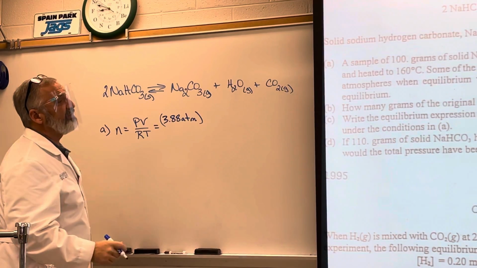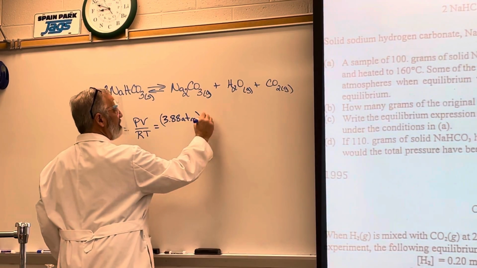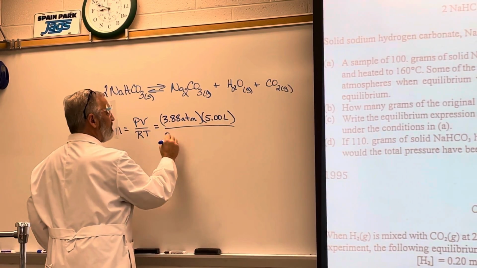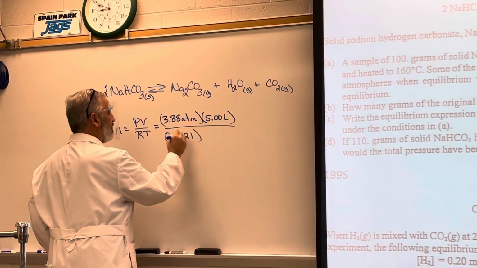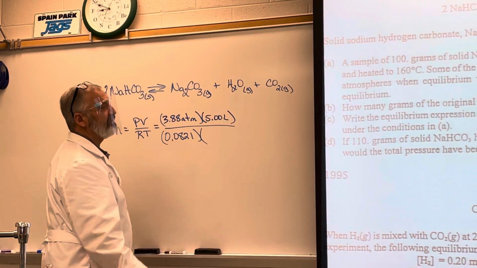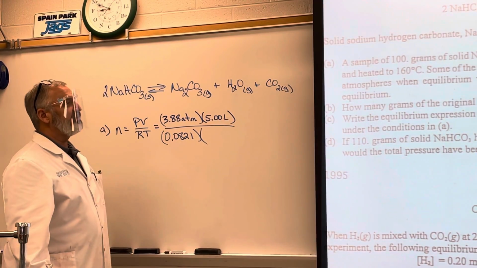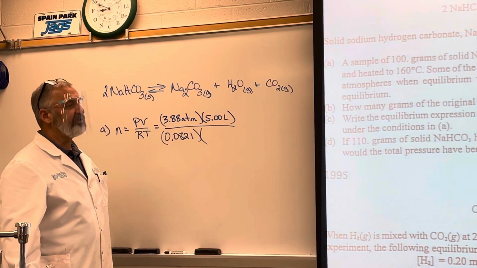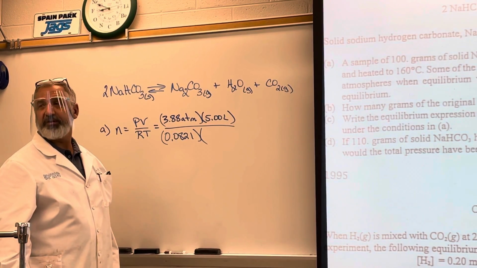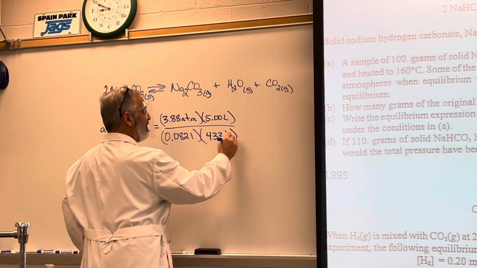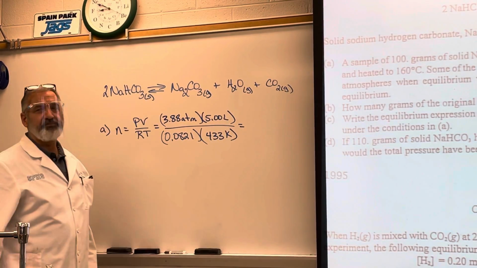The volume is given as 5 liters. Divided by 0.0821. And then the temperature is given as 160 plus 273, which is 433. Okay?